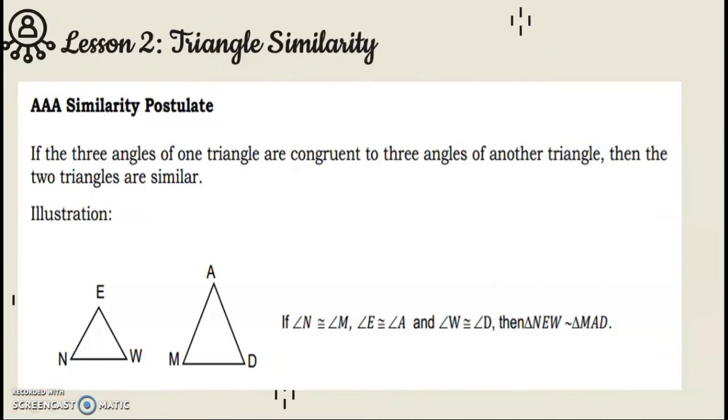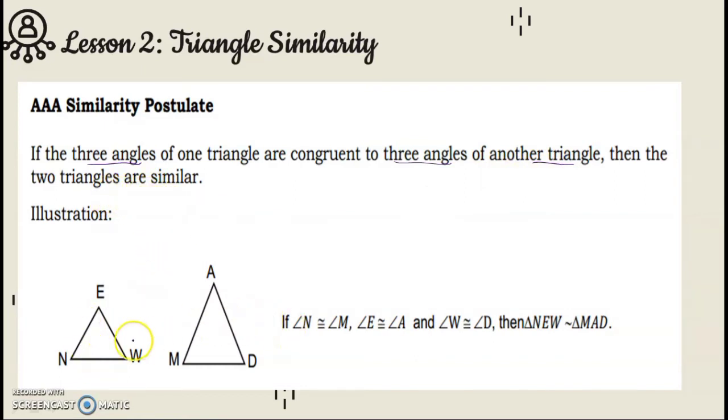Next. Okay, for our lesson 2, this is the triangle similarity. So, meron tayong iba't ibang klase ng postulate or theorems na involved dito sa triangle similarity. So, the first one is what we call the AAA similarity postulate. Anong ibig sabihin nito? If the three angles of one triangle are congruent to three angles of another triangle, then the two triangles are similar.